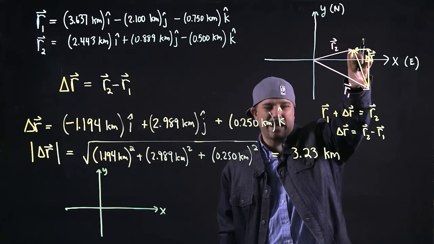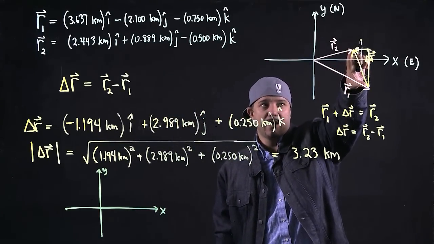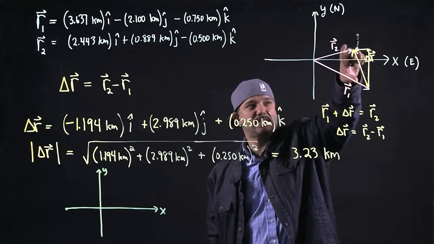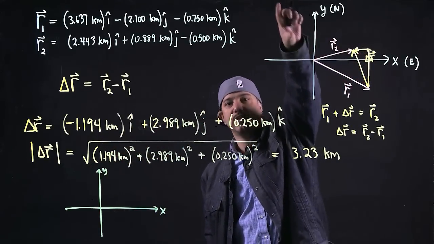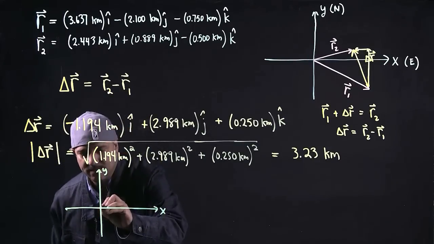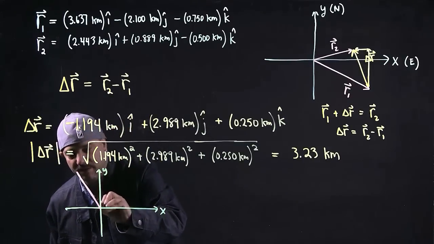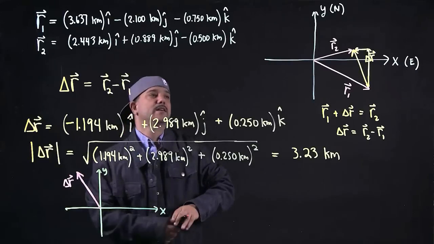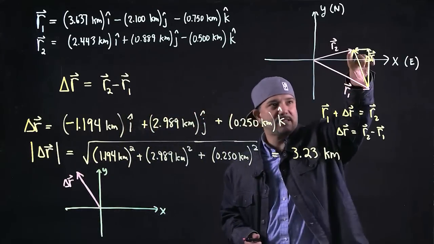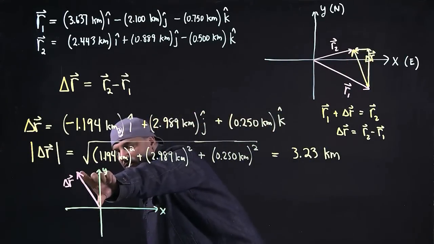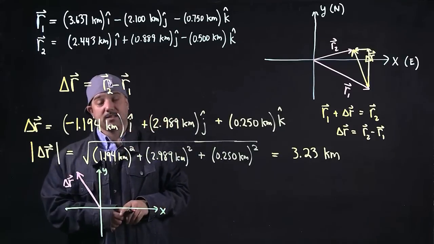I can pick that displacement vector up and sketch it such that it comes out of the origin of my coordinate system. And so here is that displacement vector. That's delta r.